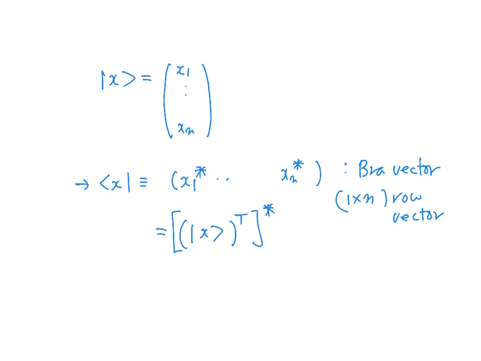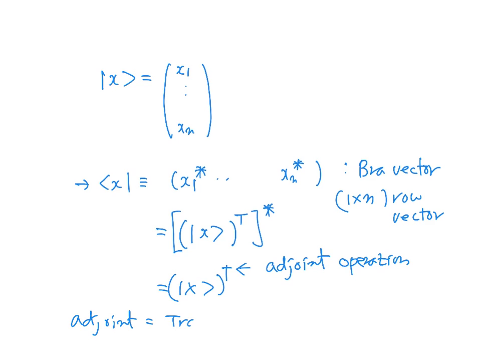And this transpose plus complex conjugate is called the adjoint operation. So adjoint is transpose and complex conjugate. This is called adjoint, and especially this is called dagger.